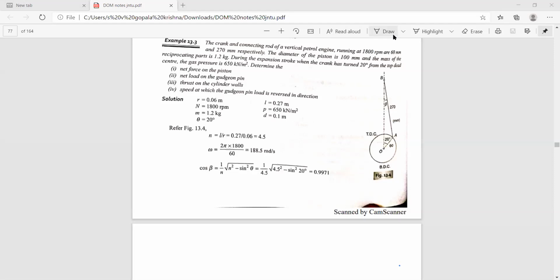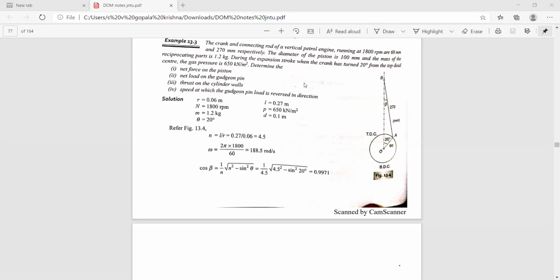The diameter of the piston is 100 mm, and the mass of the reciprocating parts is 1.2 kg.